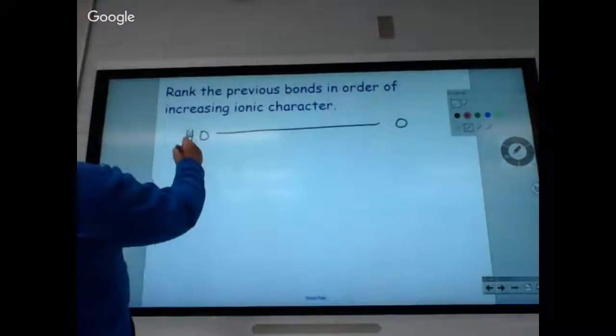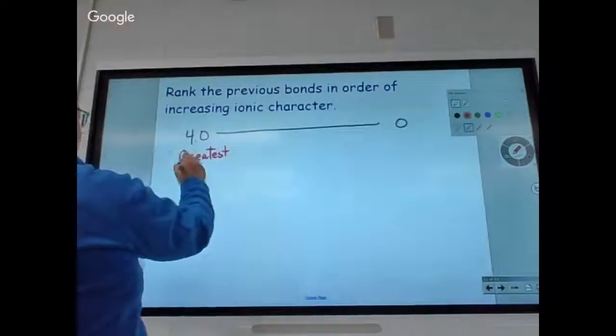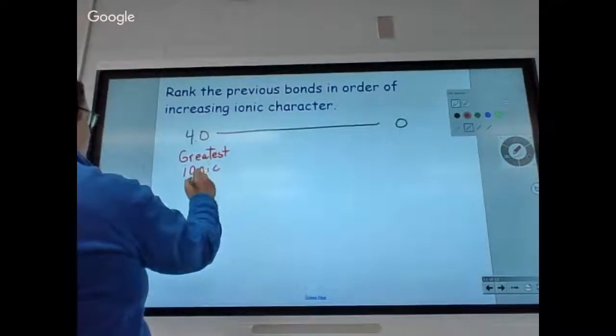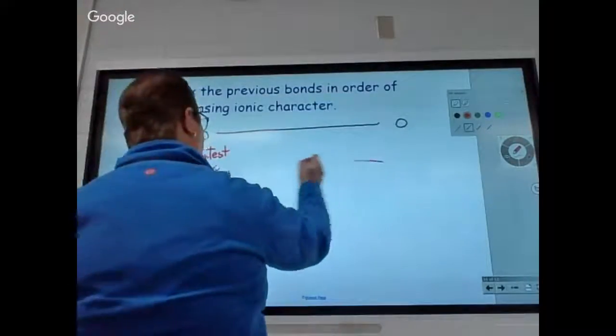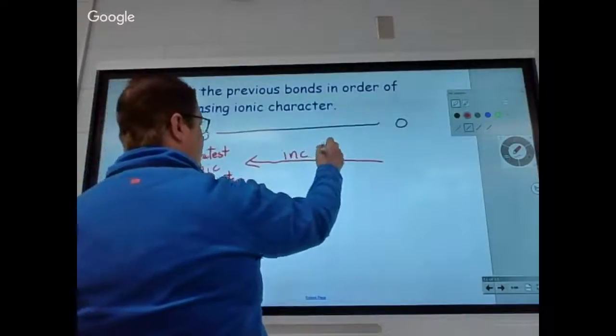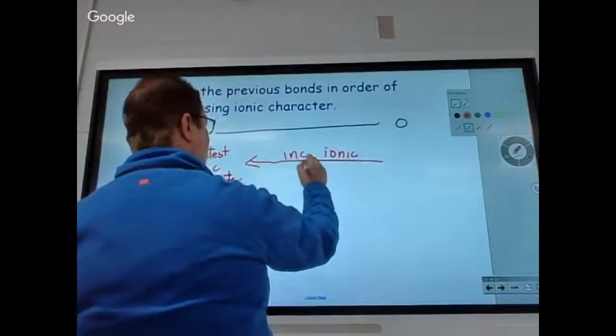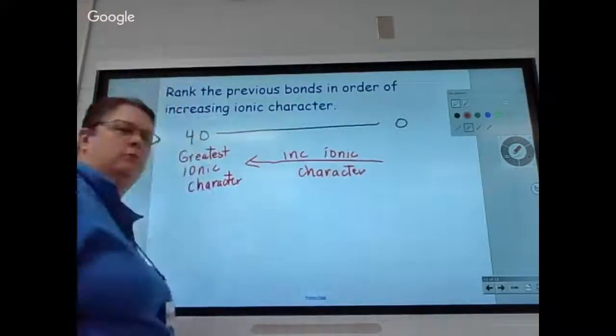So this will be the greatest ionic character, so we need to go this way. That will be increasing ionic character if we go towards 4.